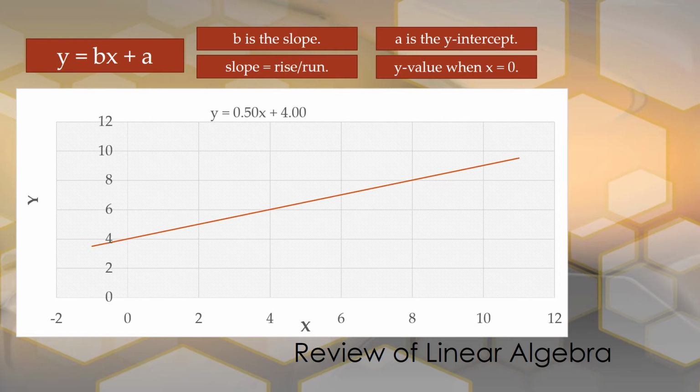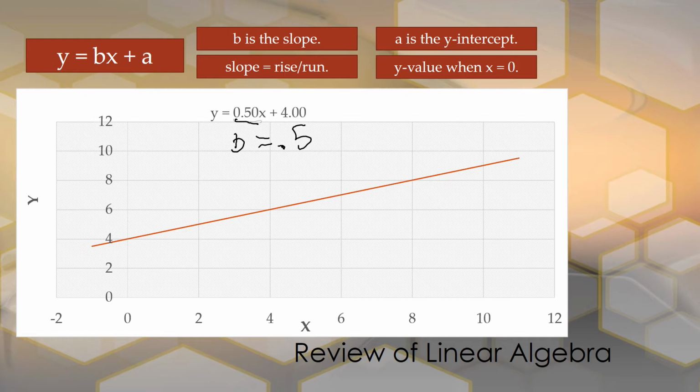Now I'm going to clear this, and now I'm going to talk about the slope. The slope is 0.5, it's right here, and we're going to use b for that. So b equals 0.5. Now I'm going to show you how we found that. You're going to find it totally different when we use it with sample data, but just to give you an idea of what it really means, we'll find it how you did in linear algebra.